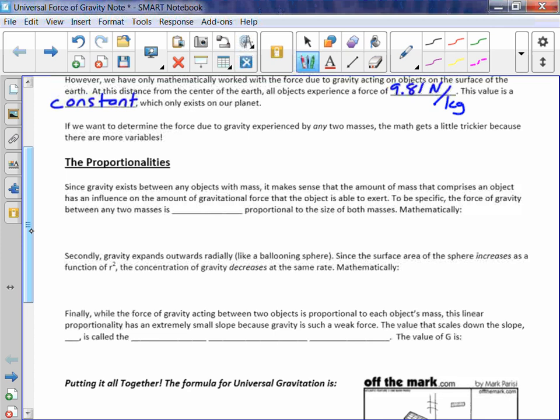Stay focused. Okay. Since gravity exists between any objects with mass, it makes sense that the amount of mass that comprises an object has an influence on the amount of gravitational force that the object is able to exert. To be specific, the force of gravity between any two masses is directly proportional to the size of the masses.